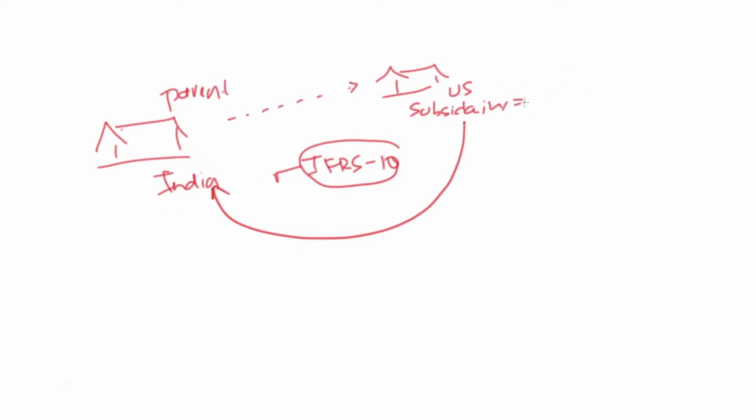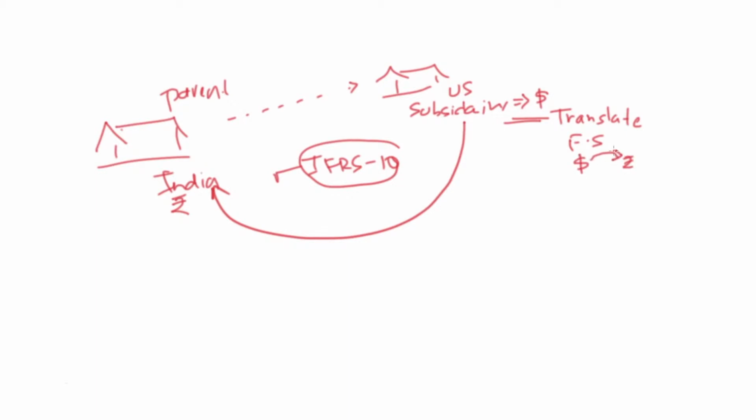The subsidiary prepares its financial statements in US dollars, whereas in India, the financial statements are prepared in Indian rupees. So the parent company or the subsidiary will translate all the financial statements from US dollars to INR.